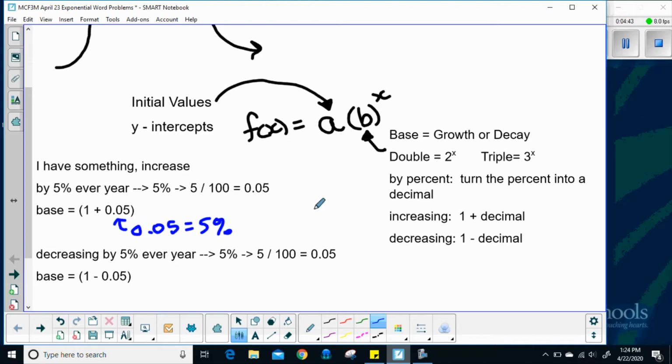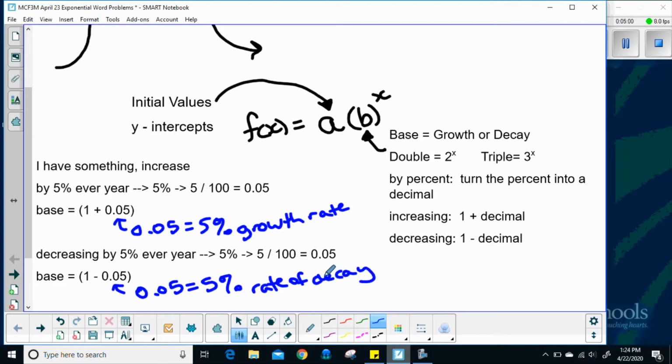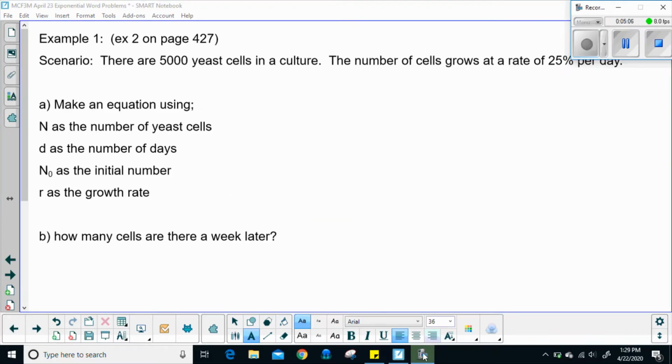So that's our 5% growth rate. Or if I'm decreasing, then the 0.05, which we just figured out was from our 5%, that would be our rate of decay, or our decay rate. Okay, so we've got a couple ways to word it. Means the same thing.